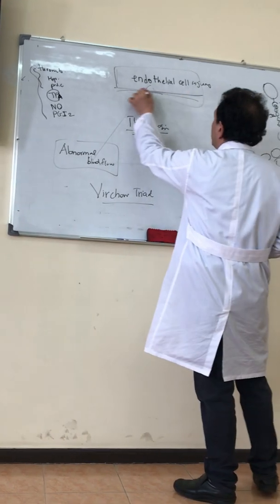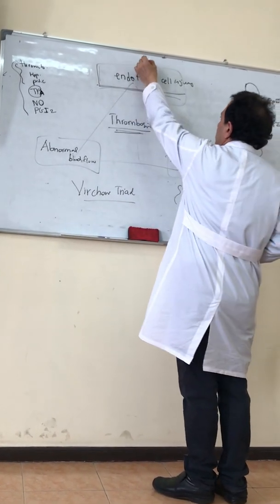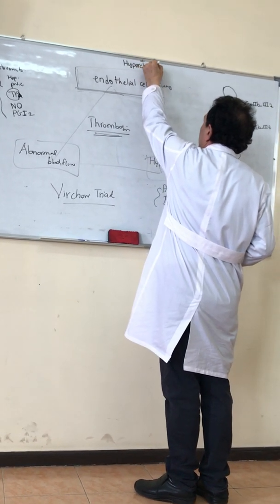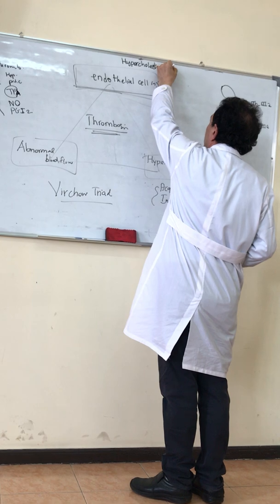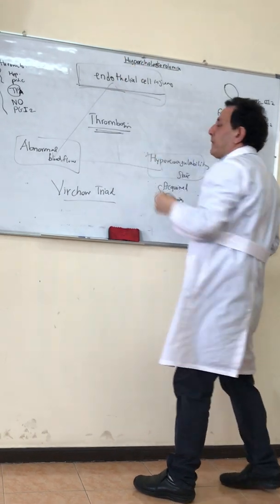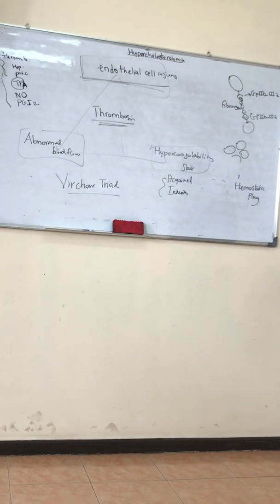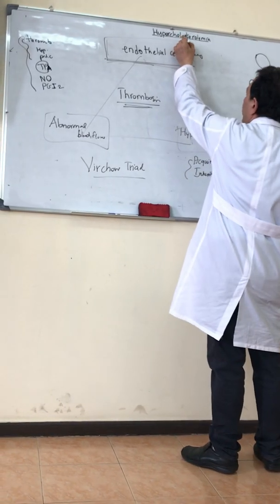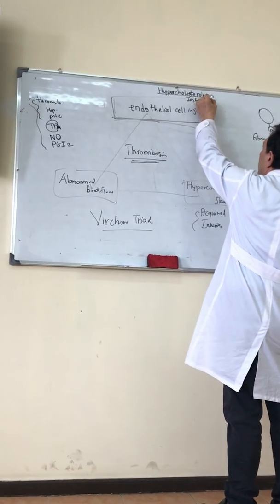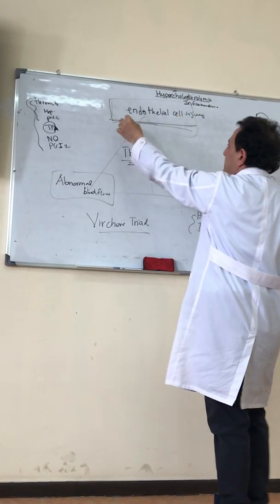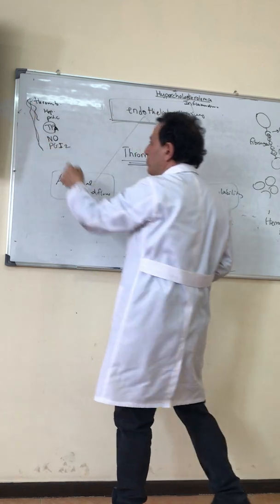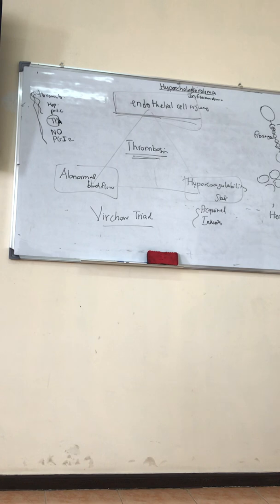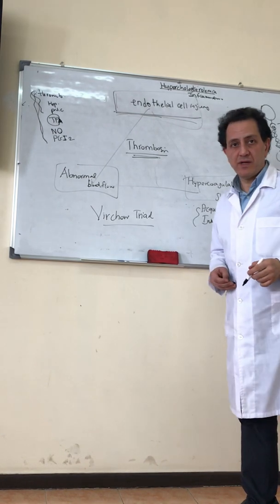But when there is endothelial injury, for example due to hypercholesterolemia, or any inflammation, these antithrombotic molecules are not released by an injured endothelial cell, which is also called an activated endothelial cell.